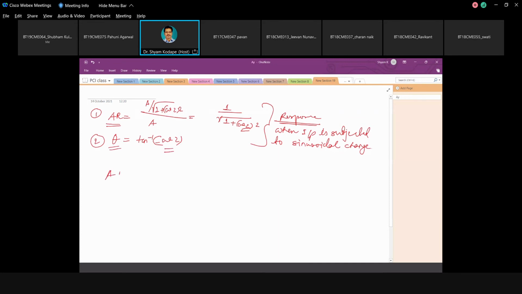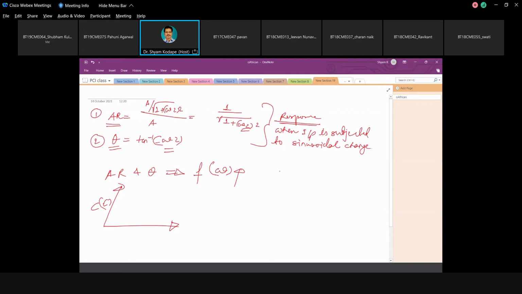So there is a possibility that omega will affect the value of AR and theta, and so the response characteristics of the system.